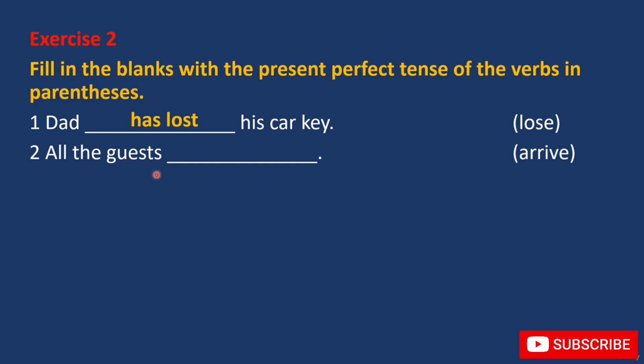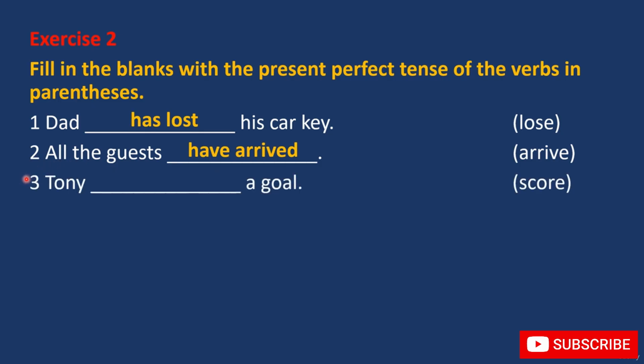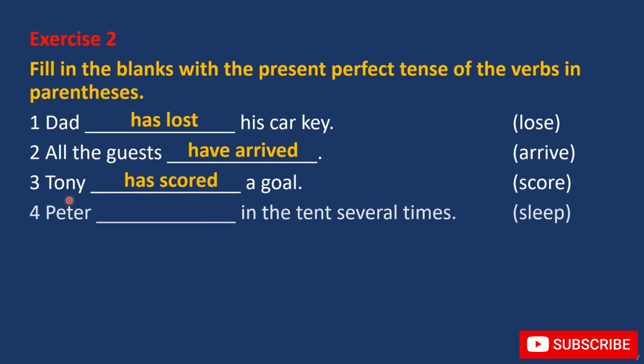All the guests have arrived. So we use have or has plus past participle of the verb. Tony, a goal. Tony has scored a goal. Peter in the tent several times. Peter have or has, and also the past participle of the verb sleep. So Peter has slept in the tent several times.